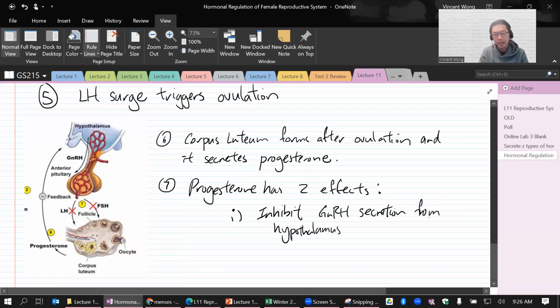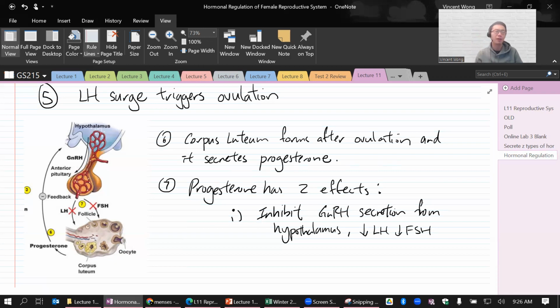If you lower GnRH, because that was the green light for FSH and LH, essentially you turn off the green light, and that would result in a decrease in LH and a decrease in FSH, which again is what you want. We don't need more FSH.